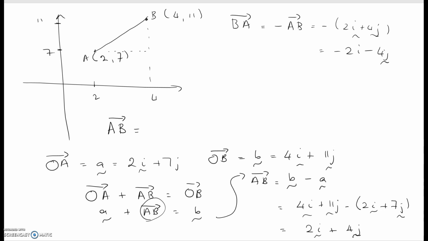If we're wanting to find the length of AB, so we already know that AB is 2i plus 4j, then the length of AB is going to be the square root of 2 squared plus 4 squared, which is square root of 20.